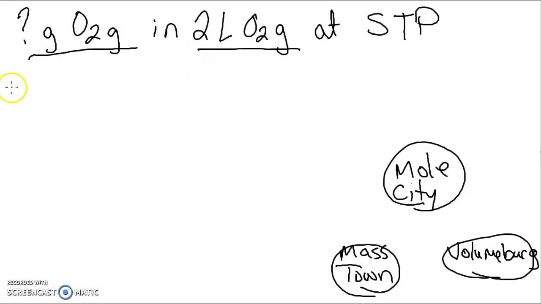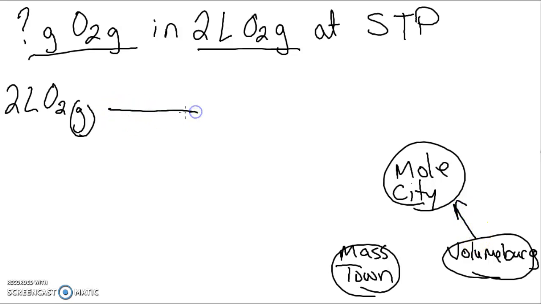Starting with our 2 liters of oxygen gas, we need to go from Volumenberg to Mole City. We want to cancel out our liters, so liters go on the bottom. Since we're trying to get to moles, moles goes on the top.